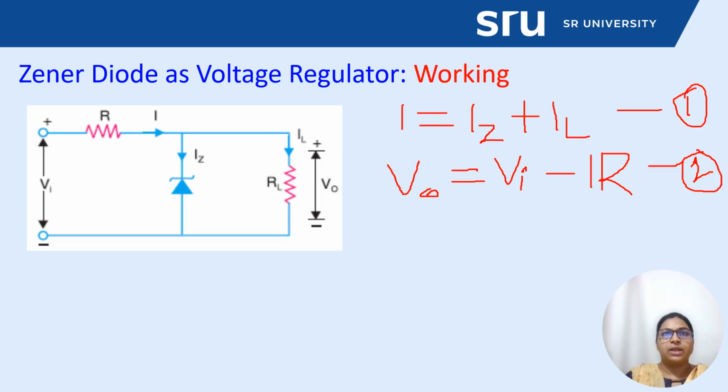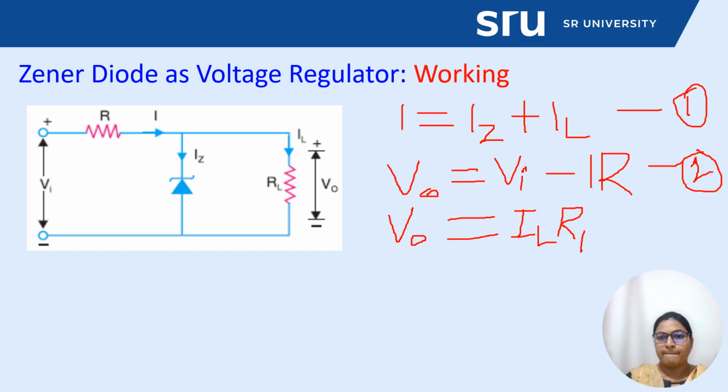And next we will get that V naught is nothing but equal to IL, that is the load current, IL multiplied by RL.